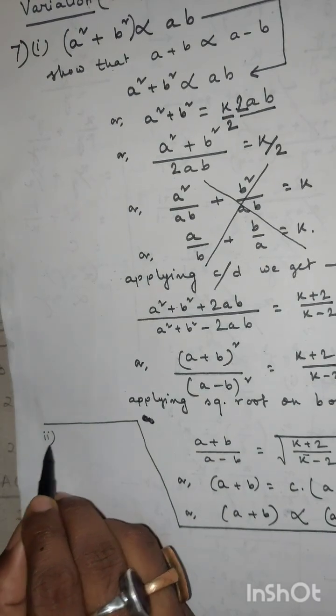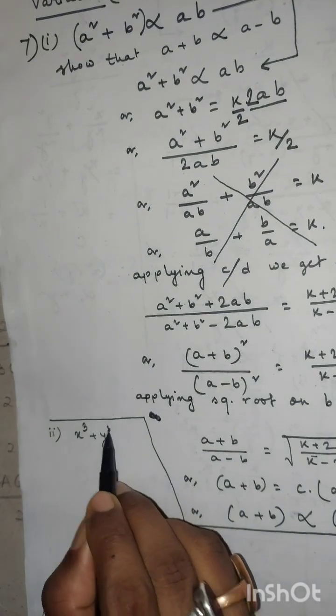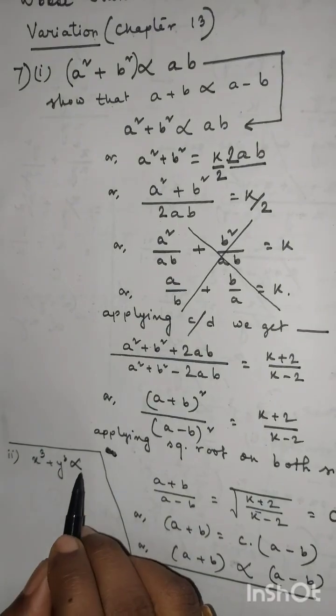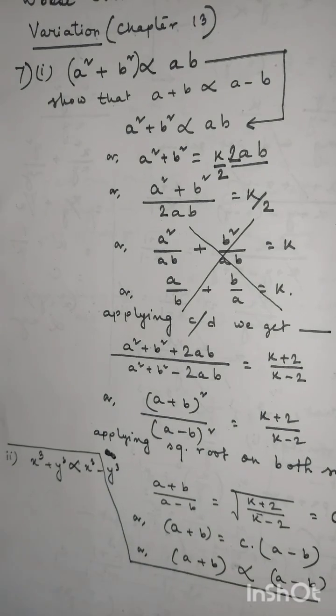Roman 2, x cube plus y cube is directly related to x cube minus y cube.